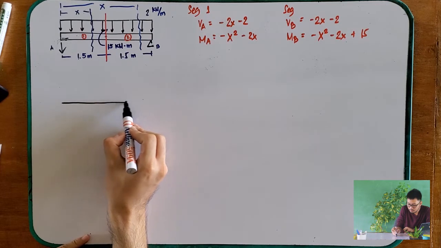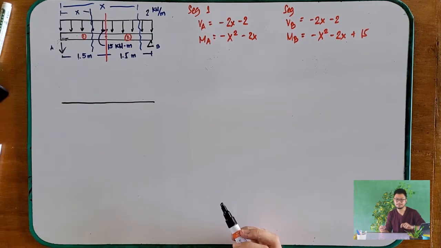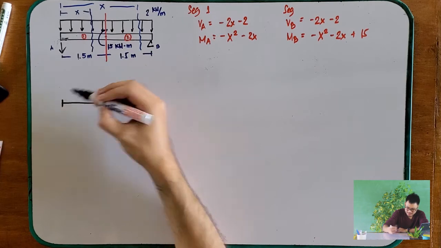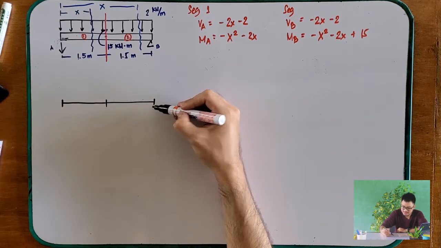Okay. So again, we have to graph this one, and let's do the shear diagram. What we will do is 0.5 increments. 0, this is 1.5, and this is 3.